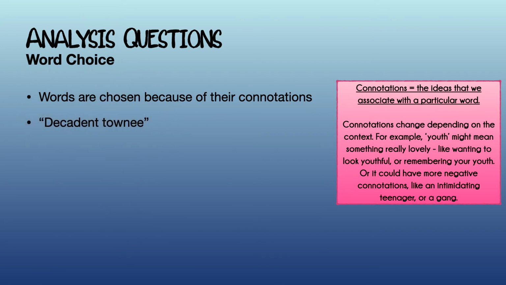That's a difficult one, okay? Because there are two main, very different denotations of the word decadent. But decadent here is an adjective, okay? He's a decadent townie. And it's important to think about what decadent means in this context.